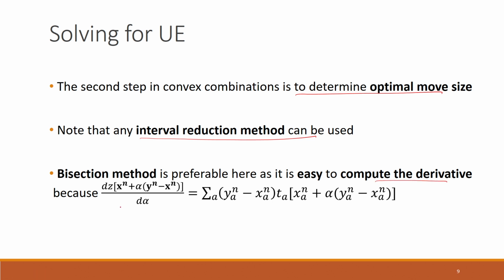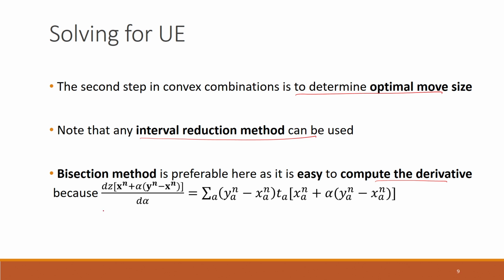Okay. So if you remember, we calculated the derivative of the objective function we want to minimize in the middle of the interval, and depending upon whether it is positive or negative, we used to discard one of the halves. Okay. So we can use that method, because the objective function of the user equilibrium involves an integral.